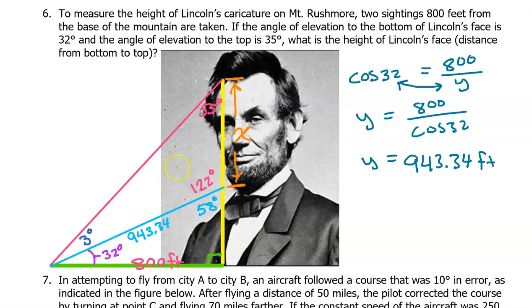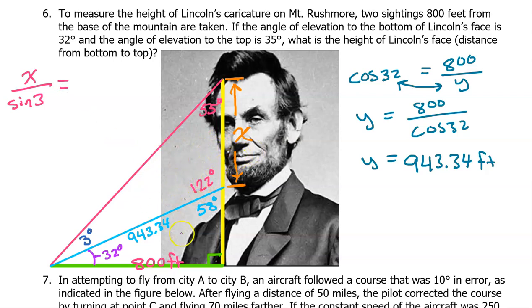Now we are working on the upper triangle. This is not a right triangle, so I am going to need the law of sines. Since I'm looking for x, I'm going to put x in the top. In the denominator, I'm going to put the sine of 3 degrees. So x over the sine of 3.